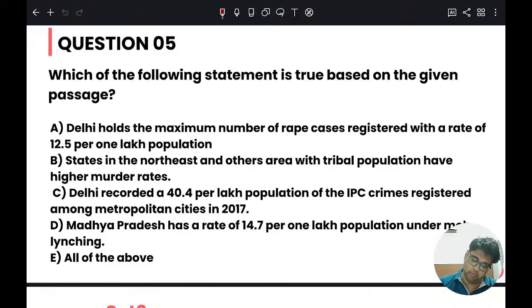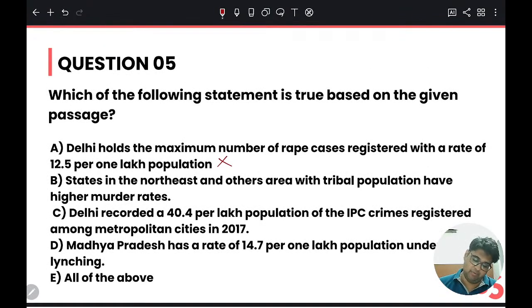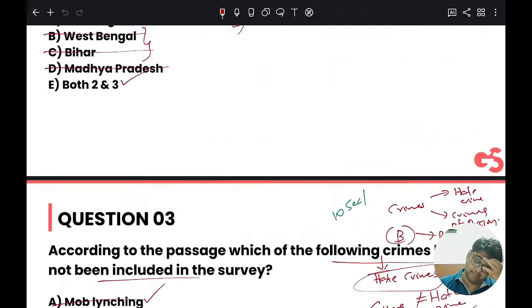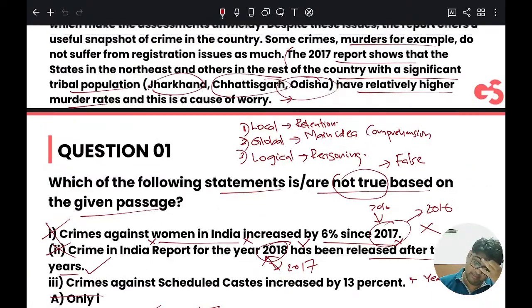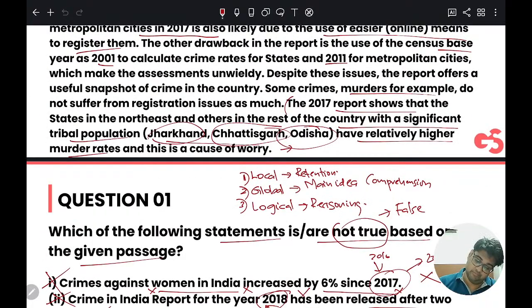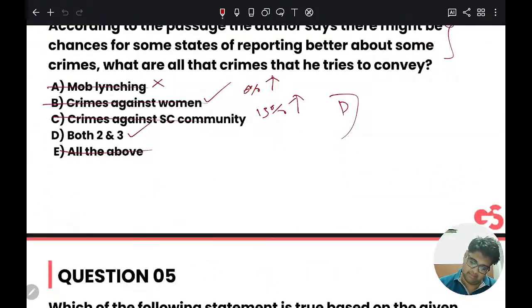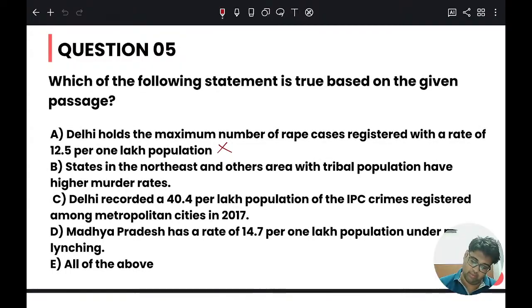So no, this is not right. States in the northeast and other areas with tribal population have higher murder rates, and that is true because this was the ending sentence, right? Yeah, here, northeast states, higher murder rates. This was actually true. So, according to the passage, this is true.